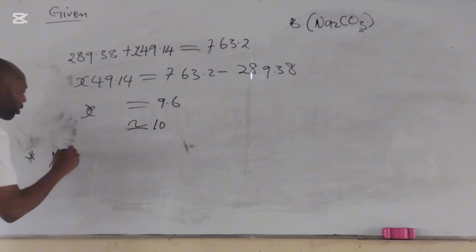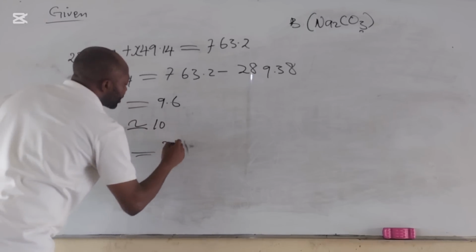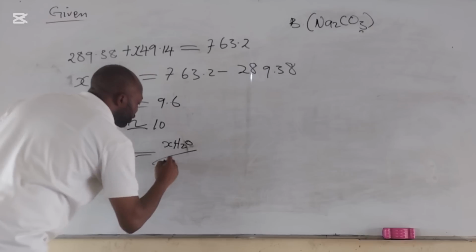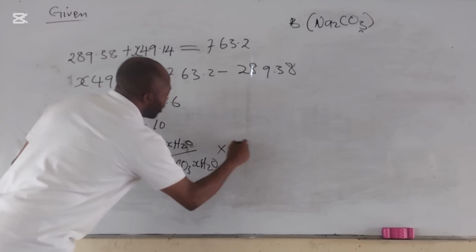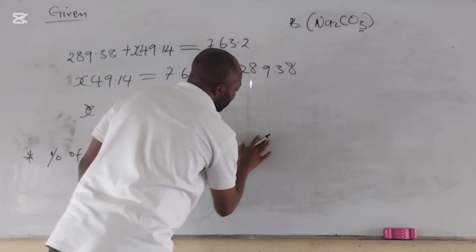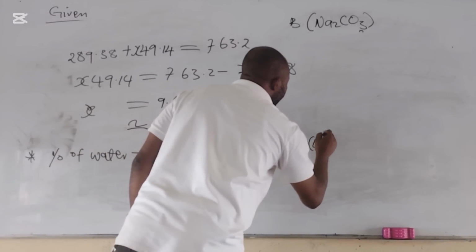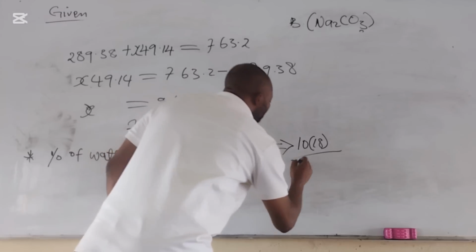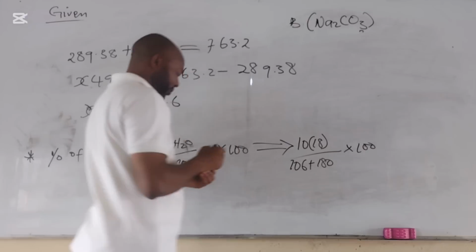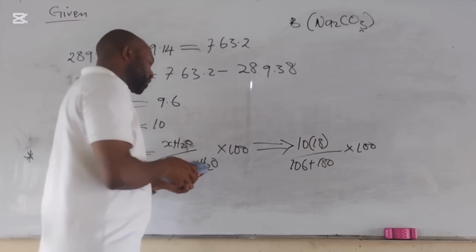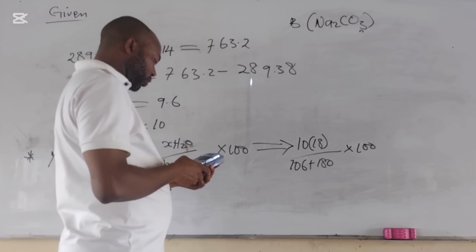Percentage of water of crystallization becomes X water over Na2CO3 . X water times 100, which is equal to, X is 10, 10 times 18 over 106 plus 180, times 100. 106 plus 180 is 286.